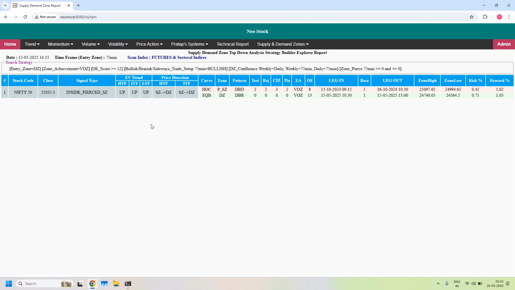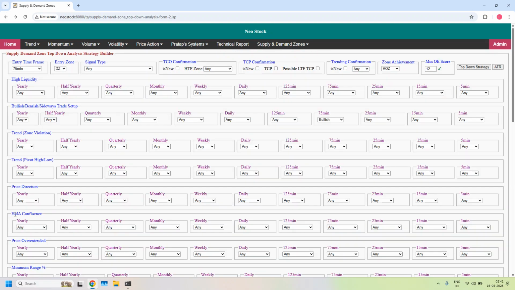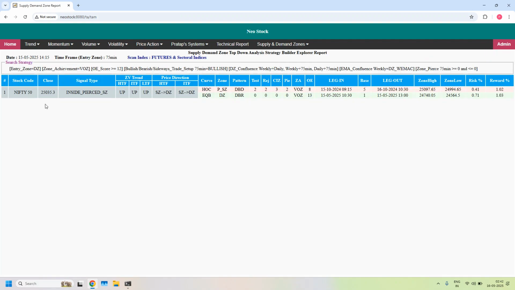Weekly trend is up, so let's verify weekly EMA confluence. Weekly demand zone having weekly EMA confluence. So it is filtered. That way, for NIFTY, this demand zone is a high probability trade setup demand zone.